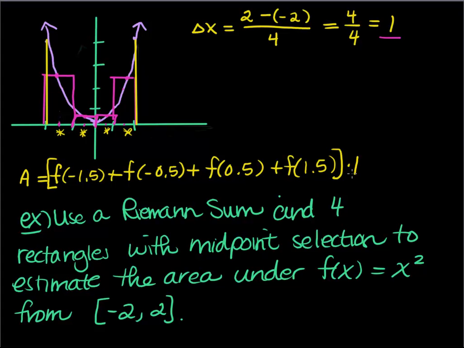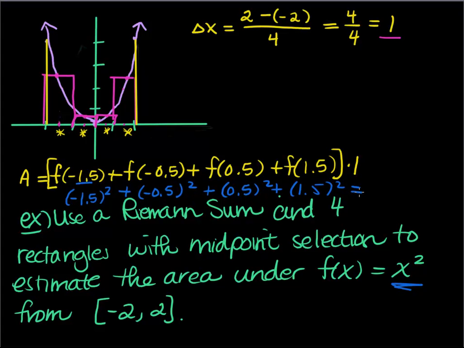And then this is where you get out your calculator and you determine this. So how do I evaluate f of -1.5? Well, what is my function? My function is x squared. So this would be -1.5 squared plus -0.5 squared plus 0.5 squared plus 1.5 squared.